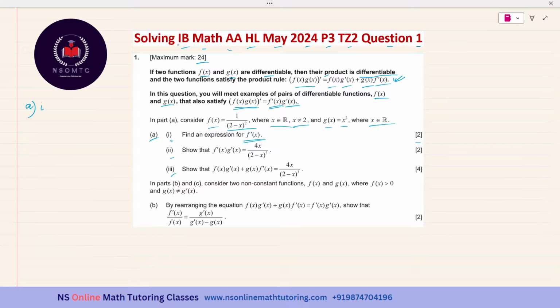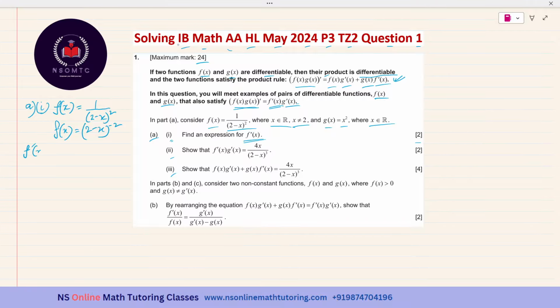So, A I. f of x is equal to 1 over 2 minus x whole square. Now, you may use the quotient rule. I am writing this as f of x equal to 2 minus x raised to the power of negative 2, and now I'll be finding the derivative.